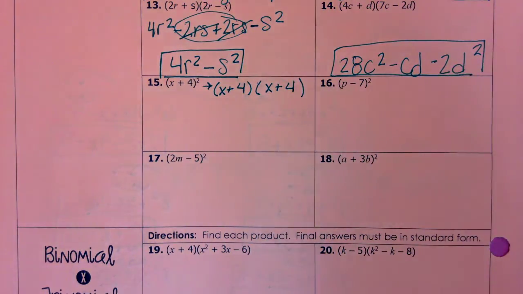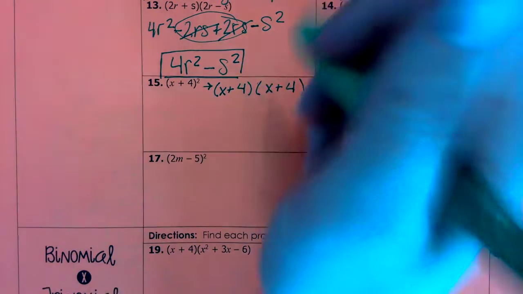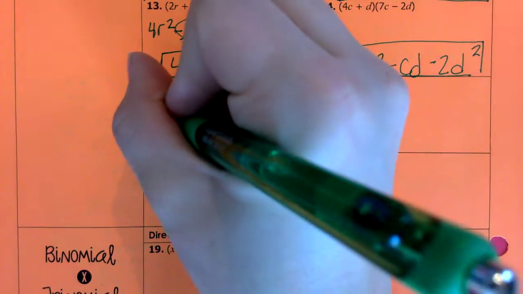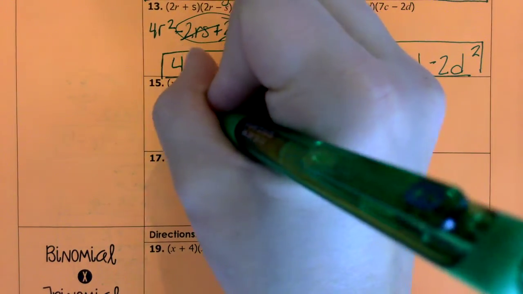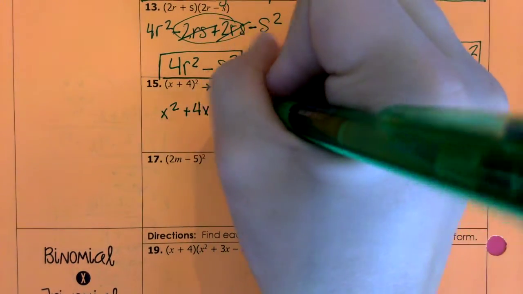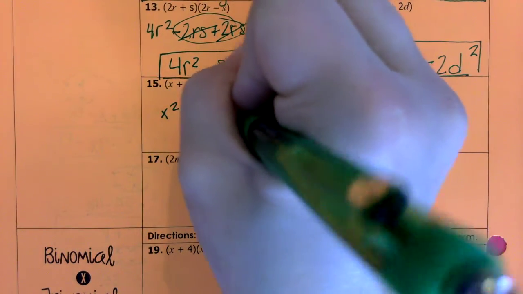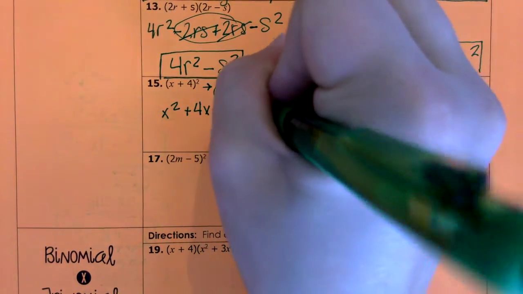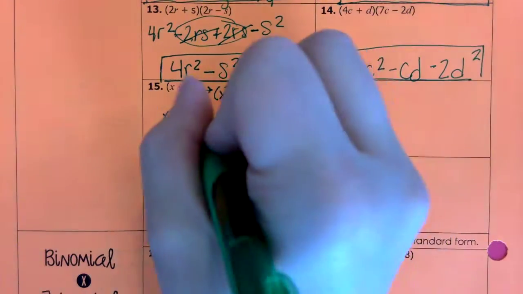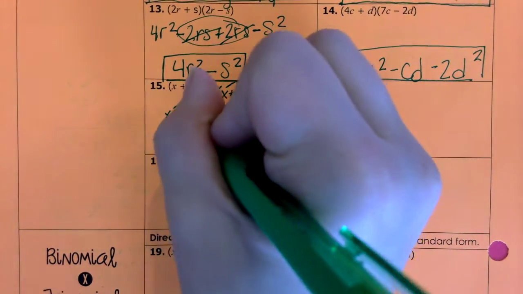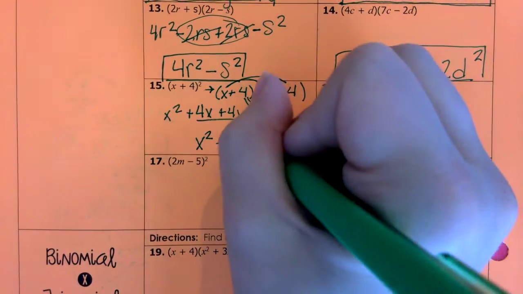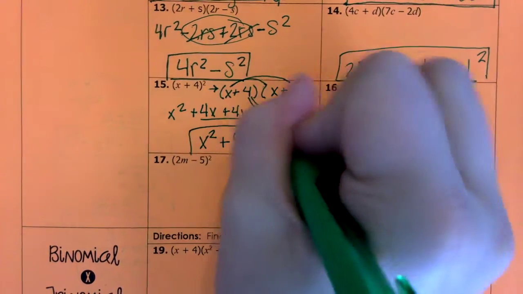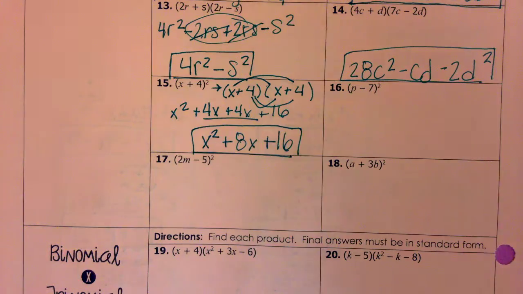And now this looks like all the other problems that we just did. I take x times x to get x squared, x times 4 to get plus 4x, 4 times x to get plus 4x, 4 times 4 to get 16. Combine those middle terms, so I'm going to get x squared plus 8x since they're both positive, and then plus 16. And that would be your final answer there.